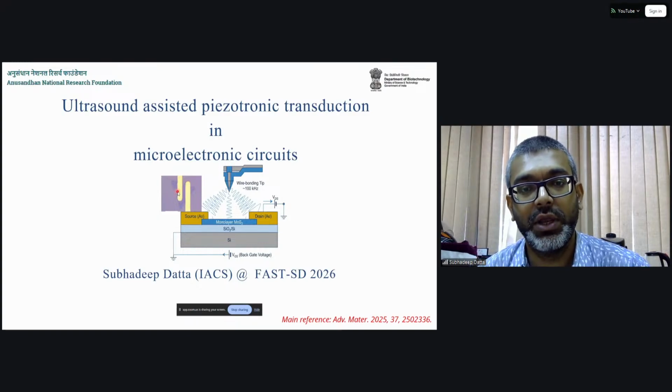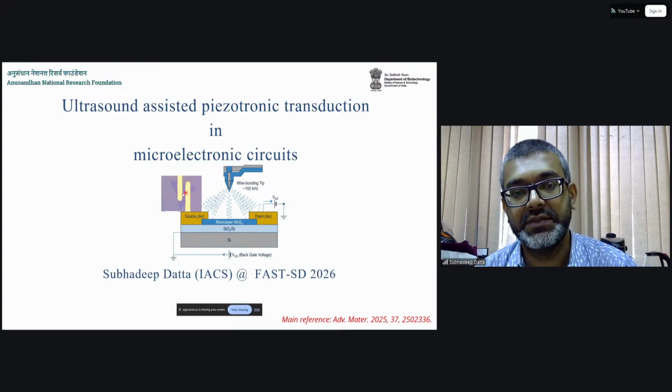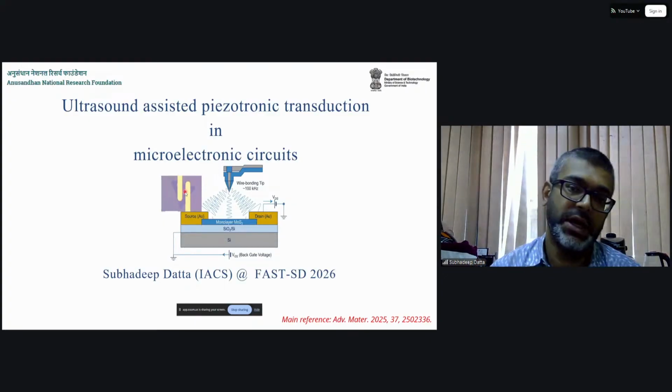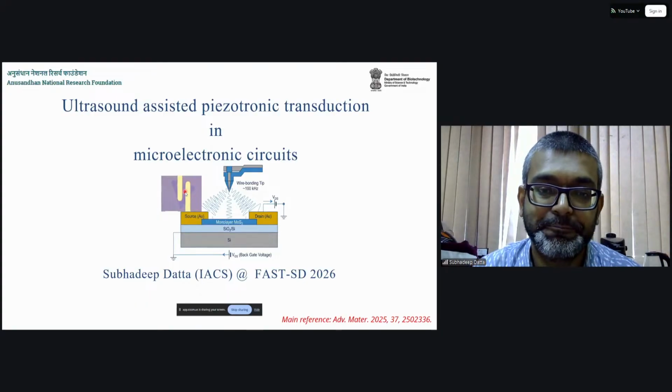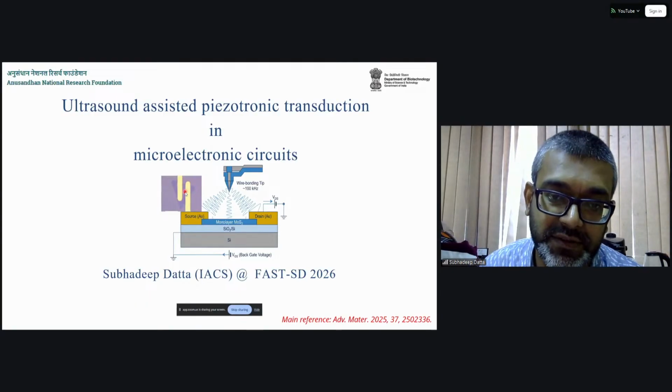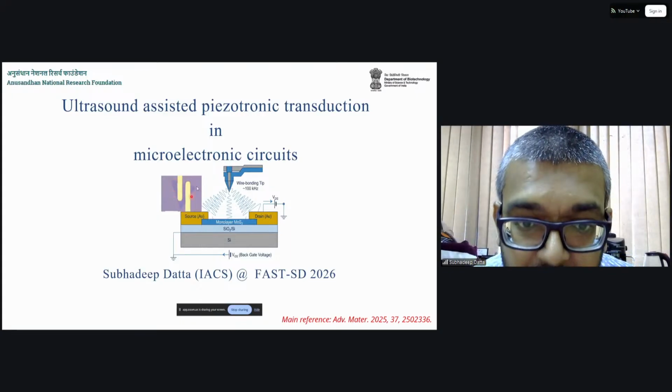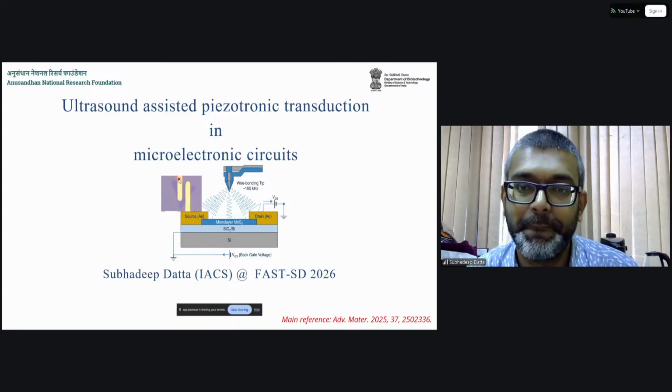So these are microelectronic circuits, because the separation between these two electrodes is of the order of microns, and the thickness of this triangular region is of the order of 1 nanometer.